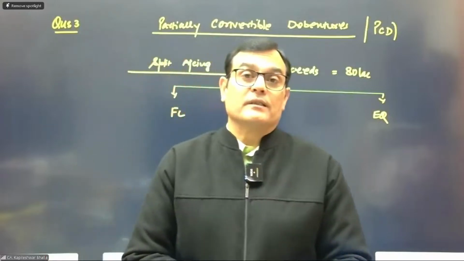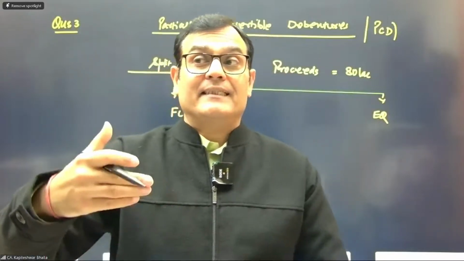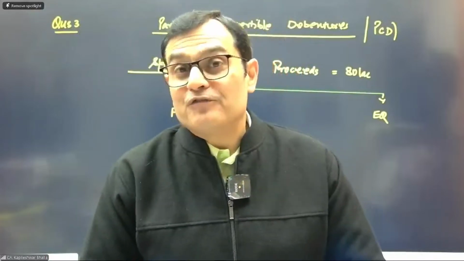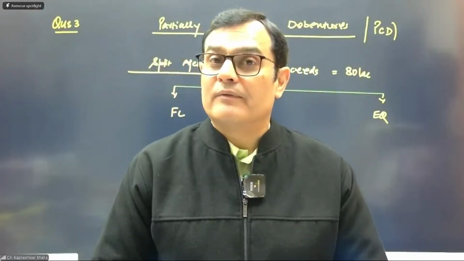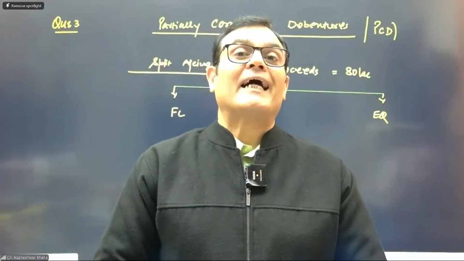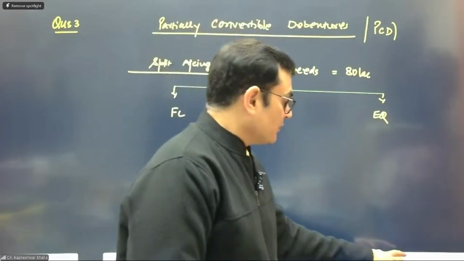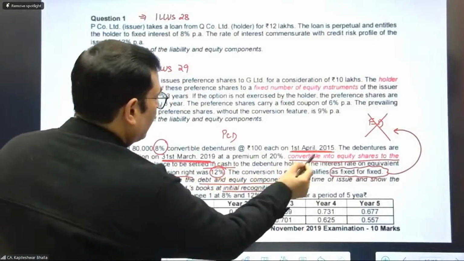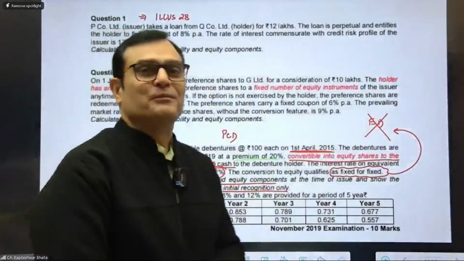So we are going to consider the financial liability as the interest which you're going to pay for the next 4 years, and only 50% of the principal on redemption, and that also at a premium. Because the question very clearly says that this money on redemption is payable at a 20% premium.